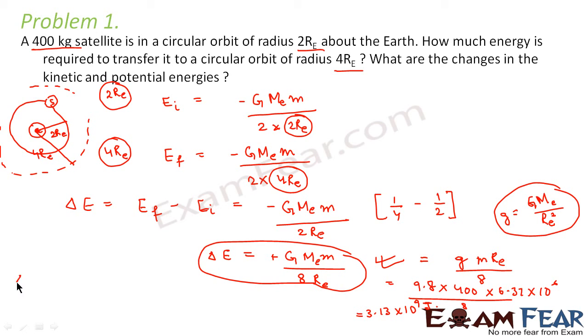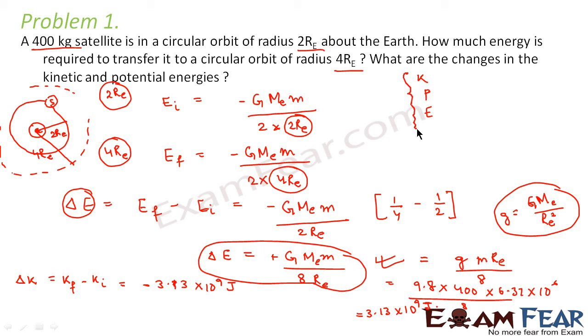Now what would be the change in kinetic energy? The change in kinetic energy would be equal to K final minus K initial, which would be nothing but negative of 3.13 into 10 to the power 9 joules, because the change in total energy would be nothing but the change in kinetic energy, because the kinetic energy will get reduced. Because we have already calculated the values of kinetic energy, potential energy and total energy for an orbiting satellite.